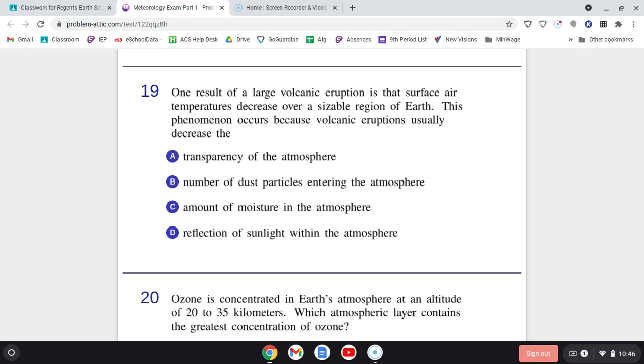The number of dust particles entering the atmosphere? Or the amount of moisture in the atmosphere? I'm going to take away D. Why would volcanic eruptions cause the air surface temperature to decrease? Okay, number 20.